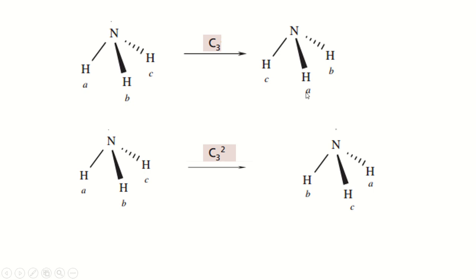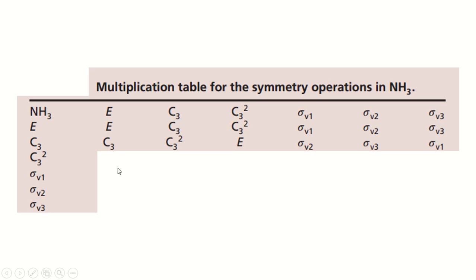Now I would like to apply C3 again to this molecule in an anti-clockwise fashion. What will happen? This HB will replace the place of HC. Here we can see that this is the resultant after applying another C3. So if we apply C3 and C3, the resultant would be C3 twice, and we have to write C3 twice here.